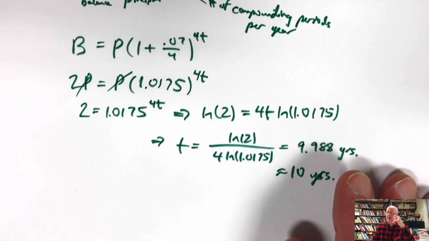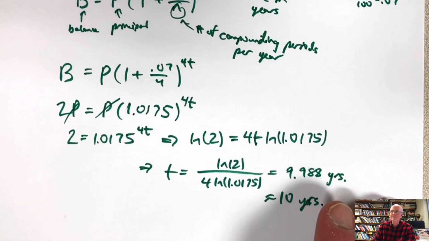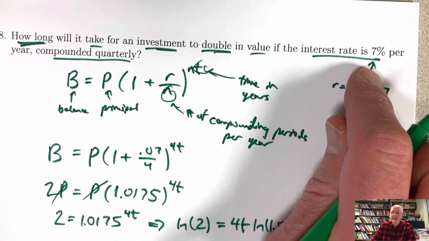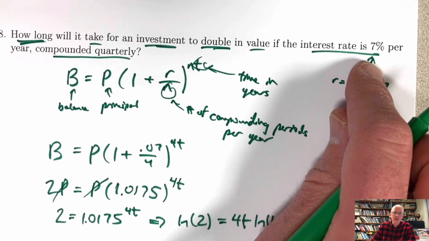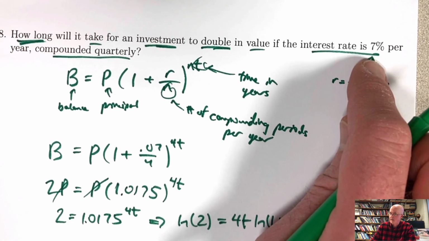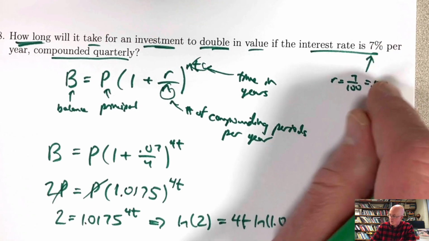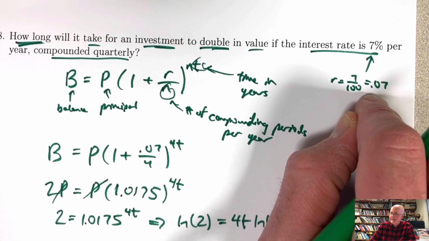Now, if you know something called the rule of 70, or a variant of it called the rule of 72, this is not surprising. If your money's growing at 7% per year, the rule of 70 says to approximate the doubling time, take 70 divided by whatever that interest rate is as a 7 here. 70 divided by 7 is 10. Don't take it as a 0.07.